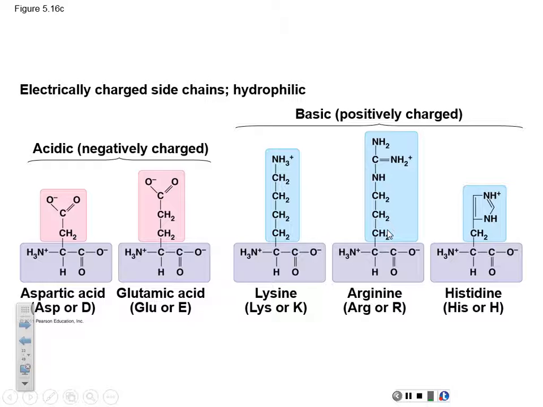For the positively charged guys, you can see they're pretty consistently big. Some of them have a subtly different, a little bit bigger, a little bit more localized positive charge, like arginine. It's just like waving positively charged stuff around. This one's not waving quite so much. This one's held a little bit closer in, but nonetheless positively charged.